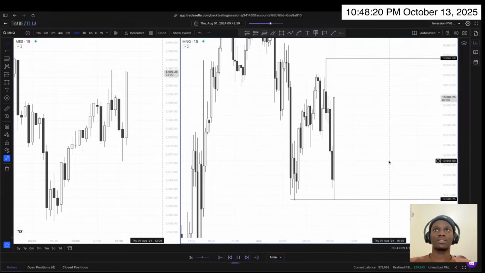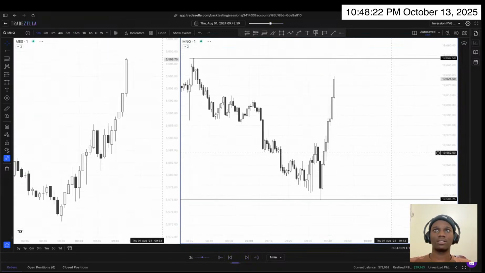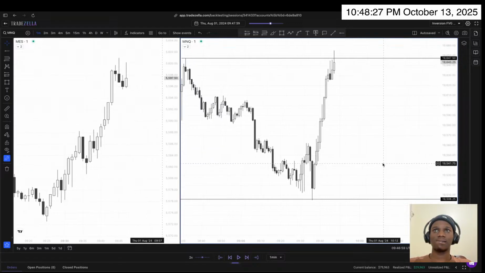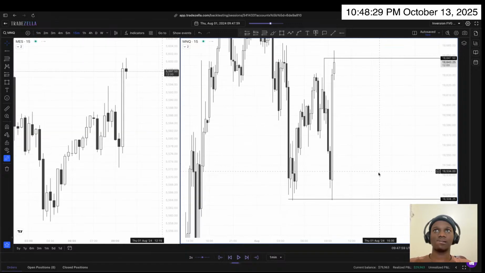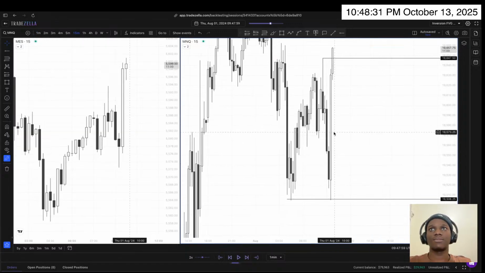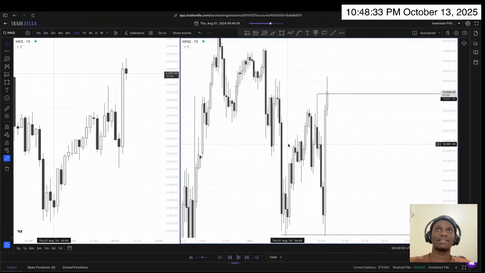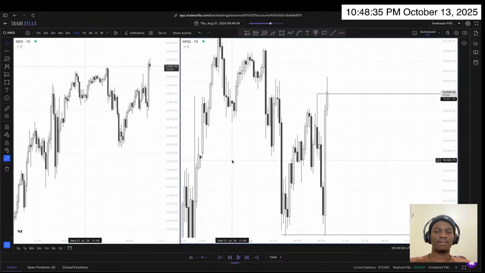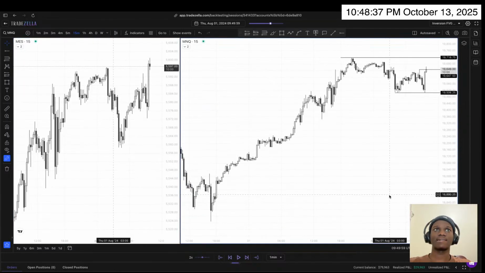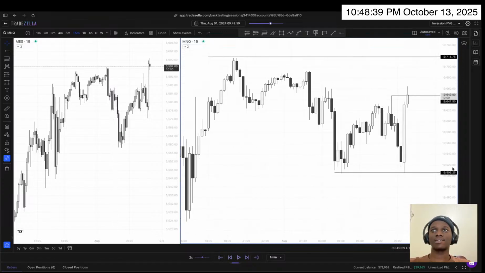Okay, red liquidity generated. Now there's this inversion. There's an SMT by the way here, this high.